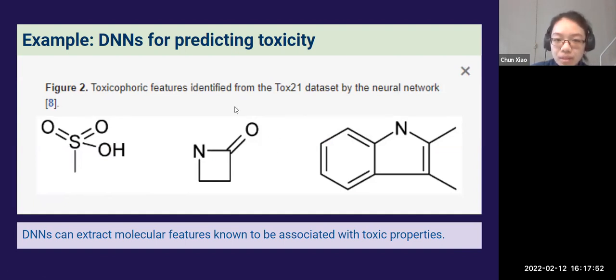So if they are not seen within the context of the larger molecule, and since the environment of the larger molecule and the overall shape affects whether or not they will be toxic, then these identifiers are a little bit too generic, and the deep neural network might have trouble actually classifying them correctly. So a human toxicology expert will be able to tell if these features are toxic based on the context that is presented in, like the overall molecule. But a deep neural network might not be sophisticated enough to tell yet.